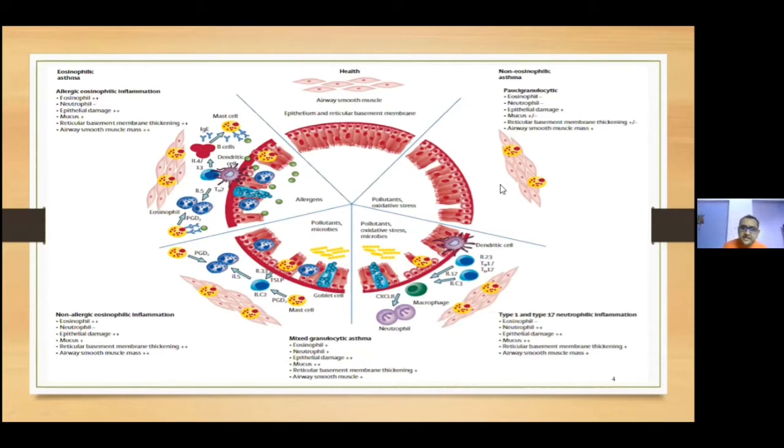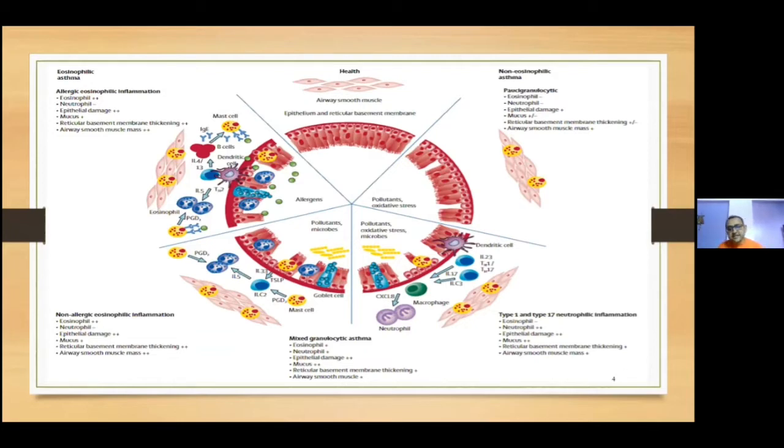Apart from that, in the low T2 type of inflammation, we generally find paucigranulocytic or non-eosinophilic asthma, where we find fewer eosinophils, or it is not generally eosinophil-mediated. Epithelial damage is there and mucus production is there, but not like in allergic eosinophilic or non-allergic eosinophilic asthma.